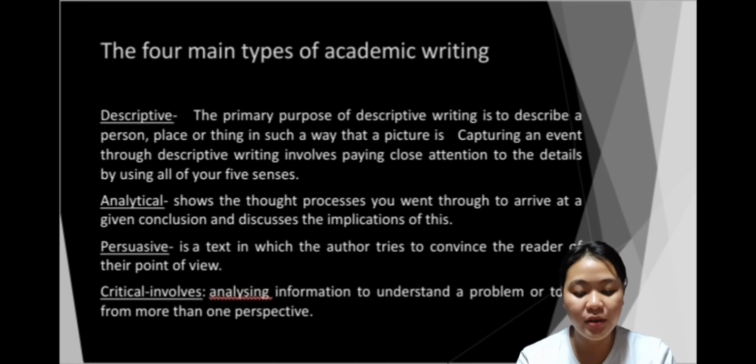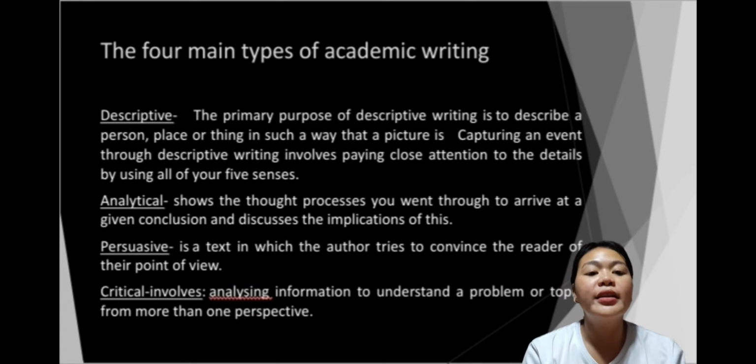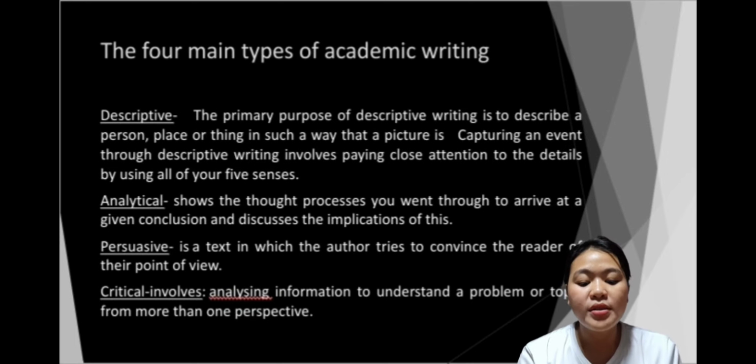Descriptive writing involves paying close attention to the details by using all of your five senses. The next is analytical, which shows the thought process you went through to arrive at a given conclusion and discusses the implications of this.